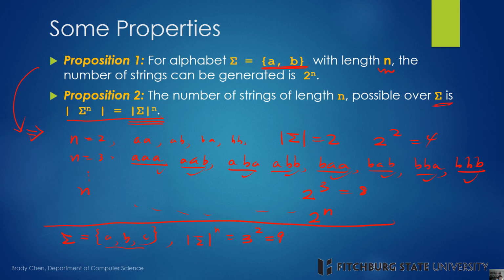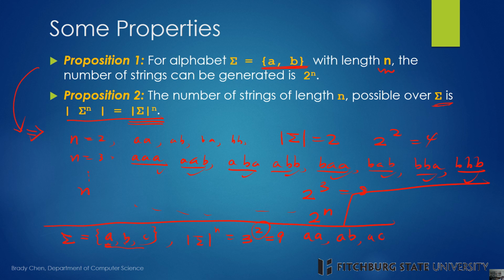Now let's see how we can generate these 9 strings. It's length 2, right? So let's say AA. We can actually generate this with a certain order. We first create the A, then AA, and then AB, and then AC.